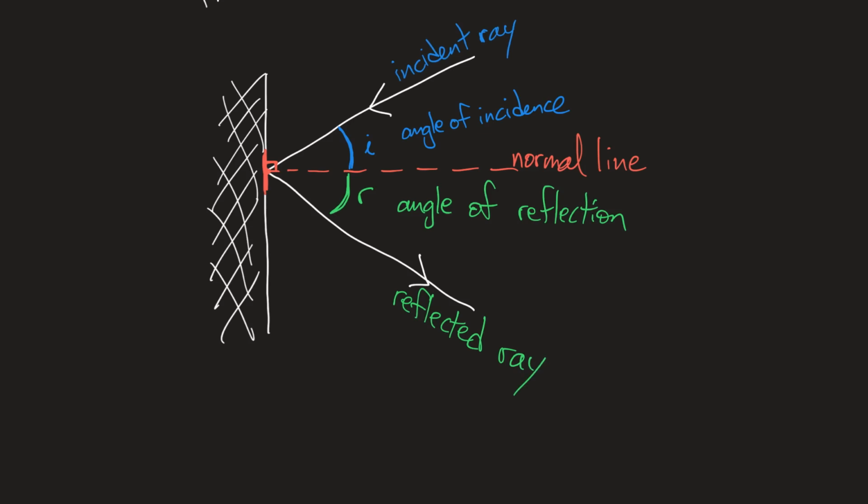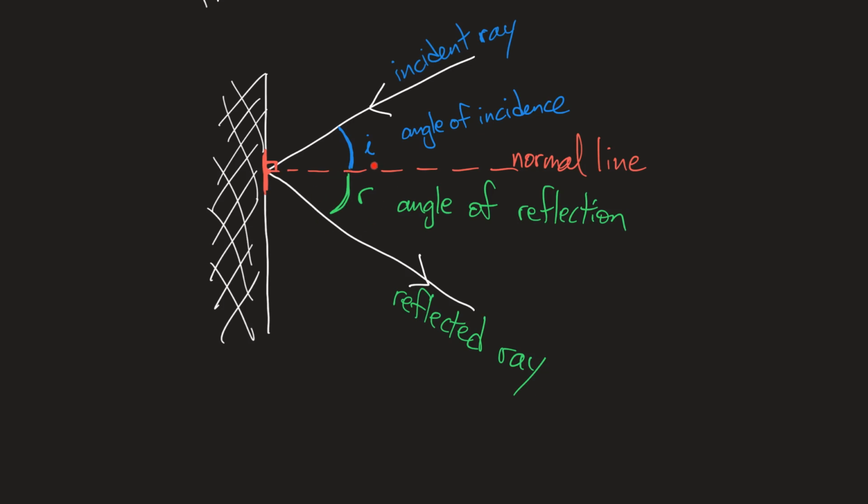So you can see we've got some terms here now. We've got the incident ray striking the plane mirror, the flat mirror, and bouncing off, and then we've got a reflected ray. We've got an angle of incidence, which is the angle from the normal line to the incident ray.